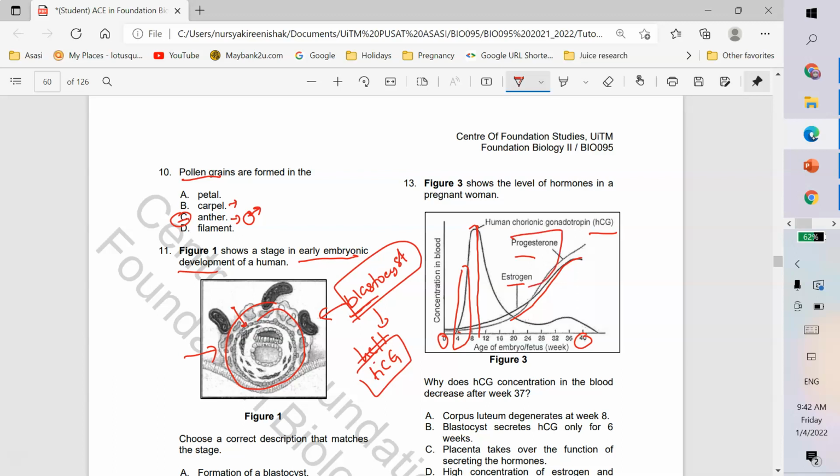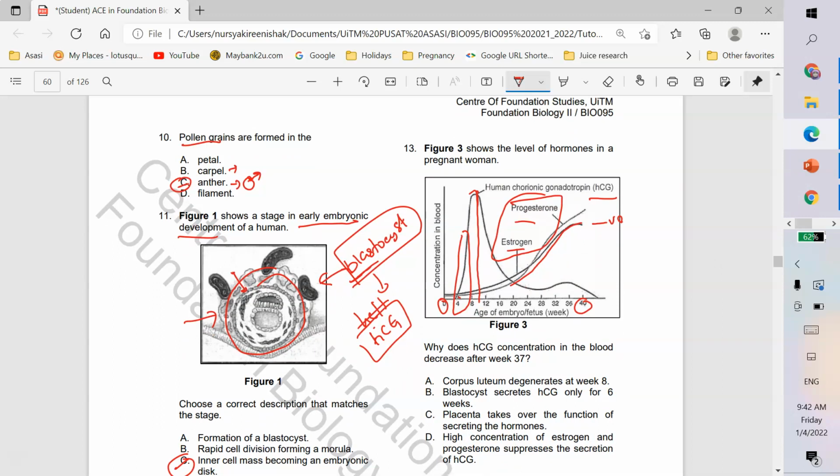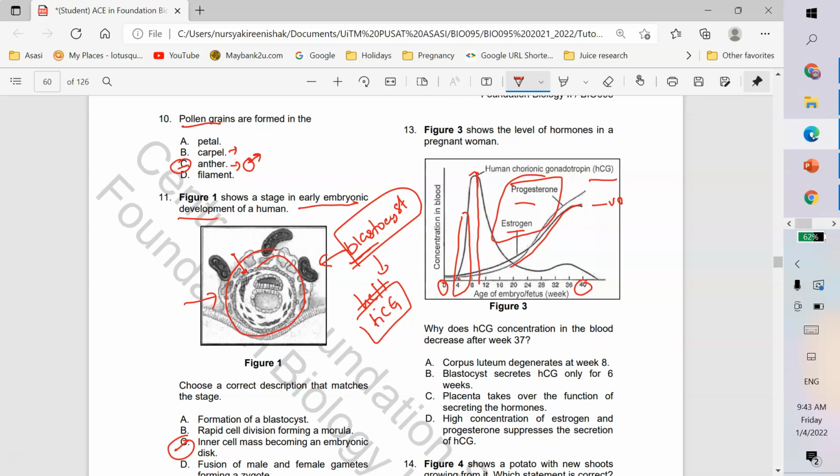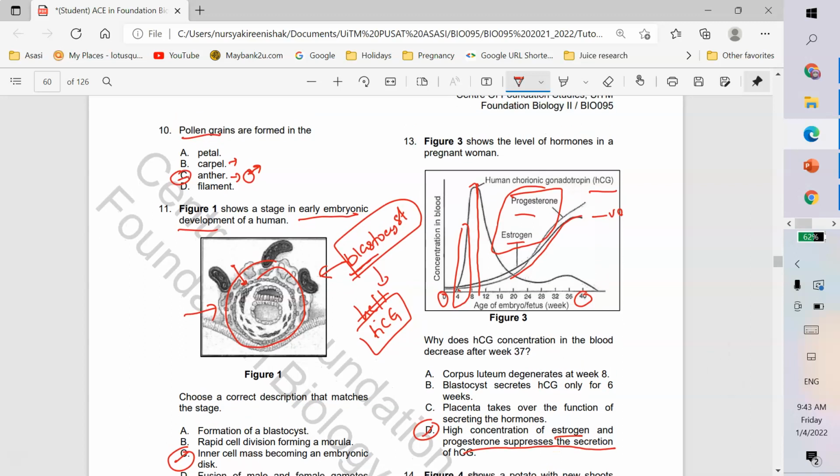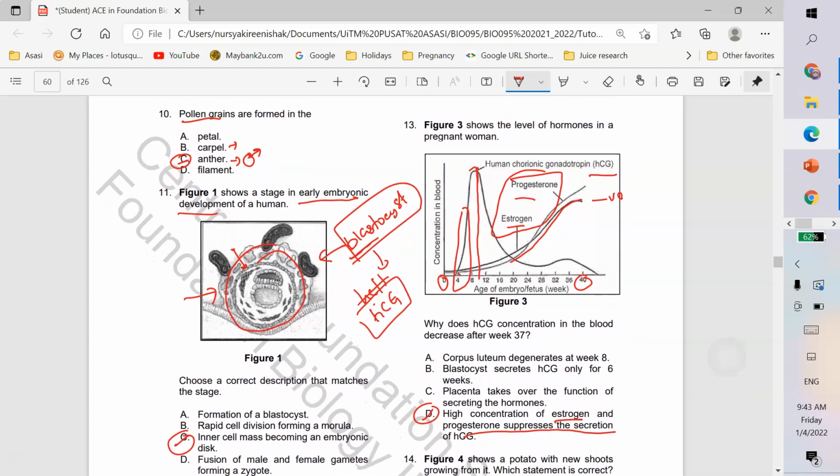But as these two hormones increase their production, it poses a negative feedback to the production of HCG, if I'm not mistaken. Okay, so the answer will be D. High concentration of estrogen and progesterone suppresses the secretion of HCG. Itu dia punya jawapan dia sebenarnya. Sebab kalau awak jawab C, kenapa C salah?